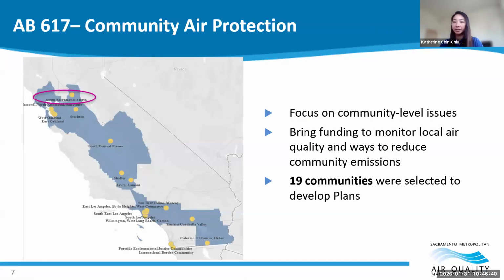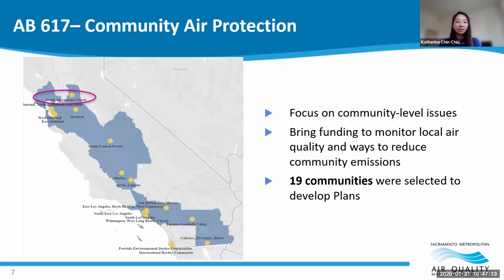Okay, so going on to slide 7 here. First, I'd like to give some background on the program. In 2017, California Assembly Bill, or AB 617, was signed into law, which led to the creation of the Community Air Protection Program. In 2018, the state selected communities to participate in this program, and South Sacramento Florin was selected as one of the first 10 communities, and specifically to develop a community air monitoring plan.